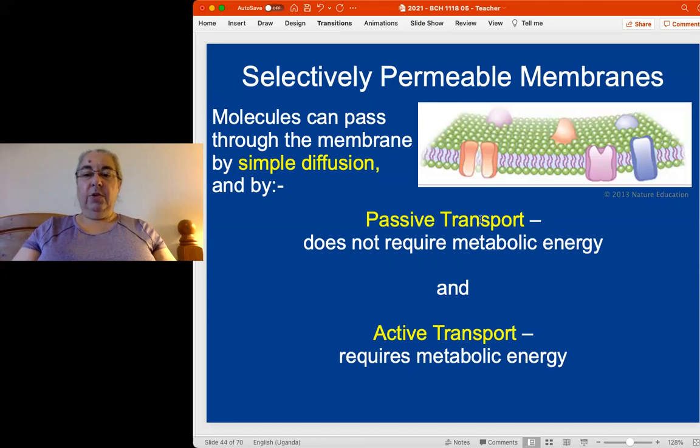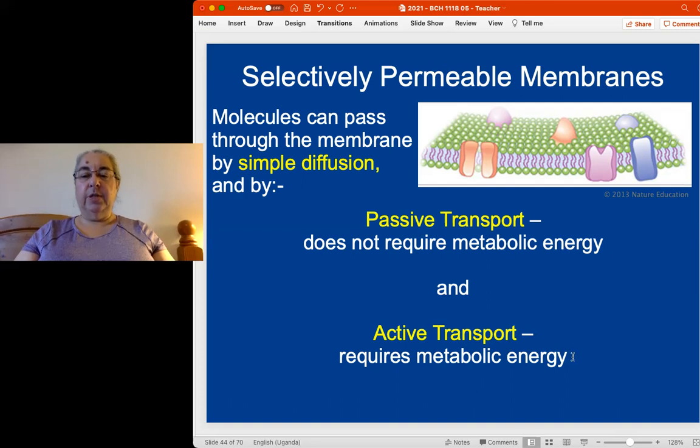There are also two types of transport that can move other molecules through the membrane: passive transport and active transport. And the difference between passive and active transport is whether it needs metabolic energy or not. So passive transport does not need metabolic energy.